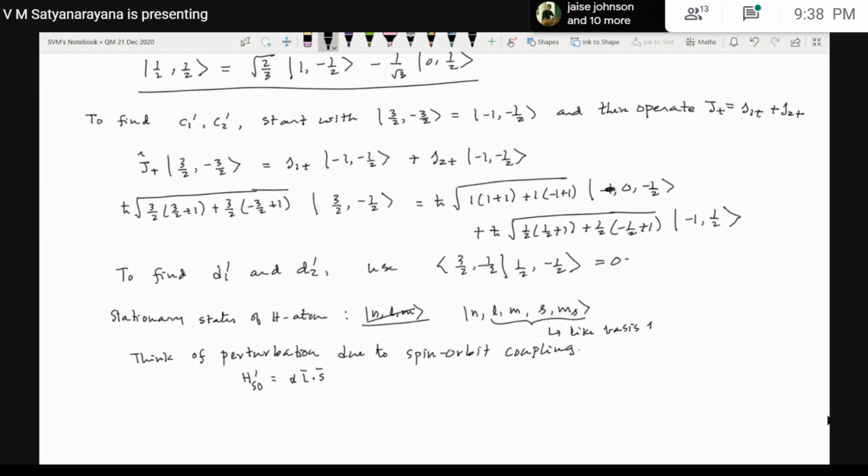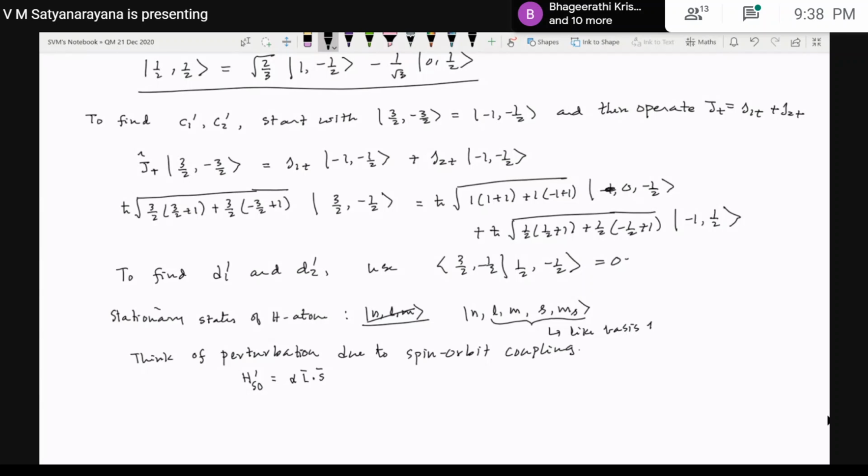So if you have something like this, then let's say you find that the observed spectra has some change. That means the spectral frequencies are different, or they are splitting, or the frequency is not the same as what you are observing. Then you would like to calculate the change in the energy levels because of this spin orbit coupling.